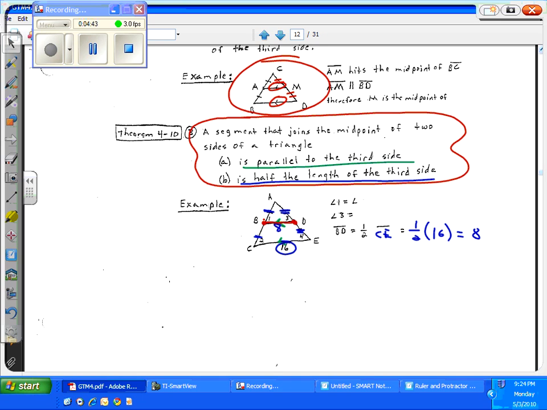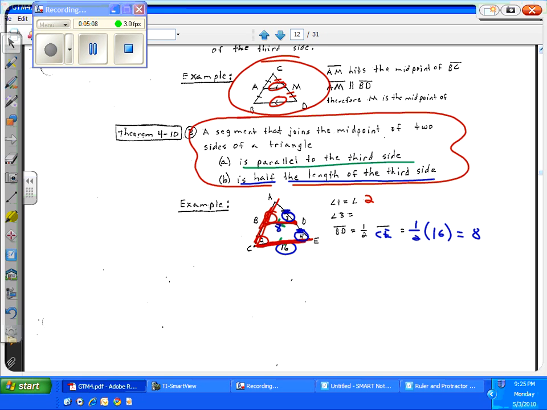Having concluded that this is parallel to the third side, we then can say that corresponding angles are equal. And so we can conclude that angle 1 is equal to angle 2, you can see that they make the letter F because corresponding angles are equal.